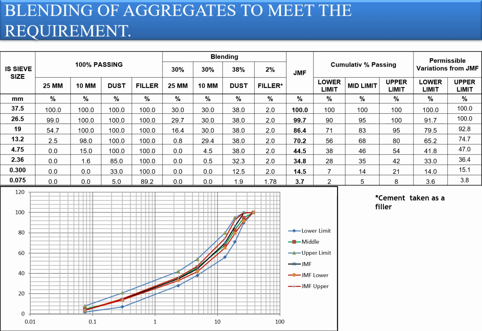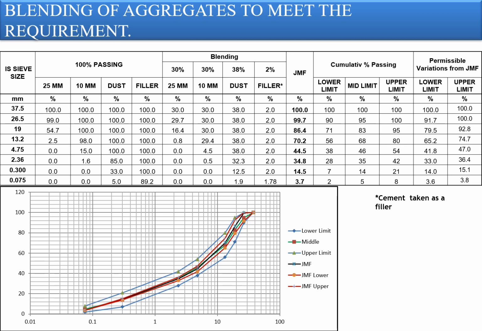For individual aggregates, you need to check the percentage passing from the set of sieves which is utilized for grading 1 or grading 2. In this particular case, we have used grading 2. So that is the reason why from 37.5 you have 100% passing, and the limit is also 100% passing.